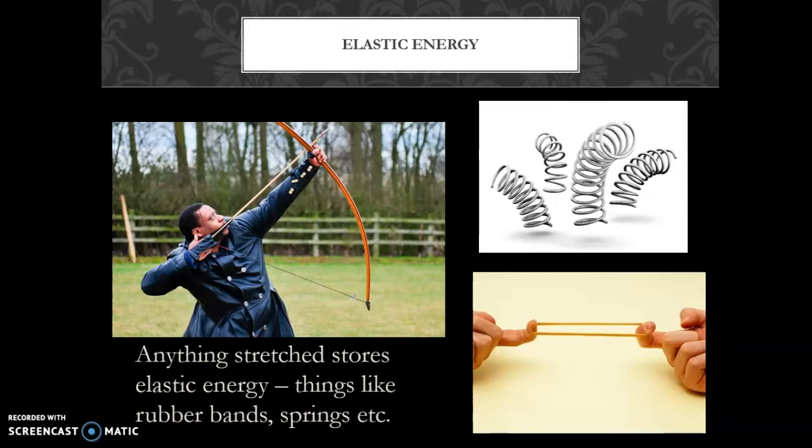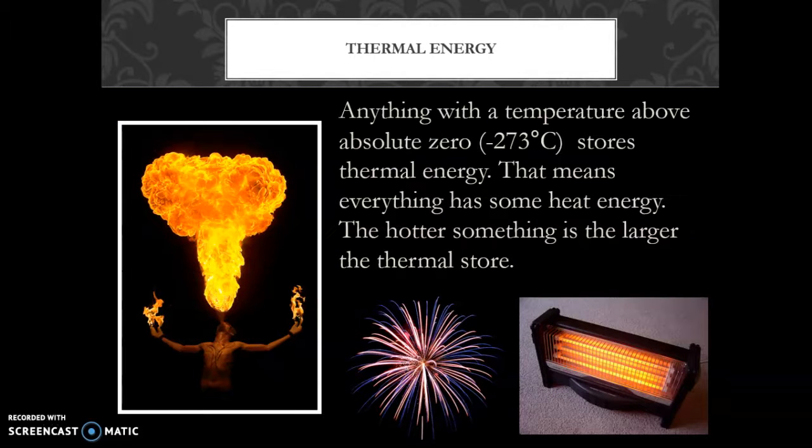Anything that is stretched, or for that matter anything that is compressed, has elastic energy. So that could be something like a sponge where you've squashed it and it's going to spring back, or it could be something like an elastic band where you've stretched it and it will spring back. Anything where it's going to move back to its original shape will have elastic energy.